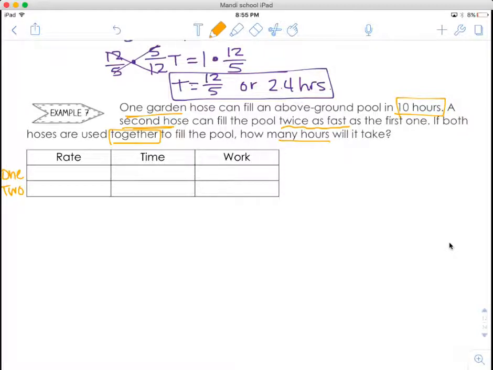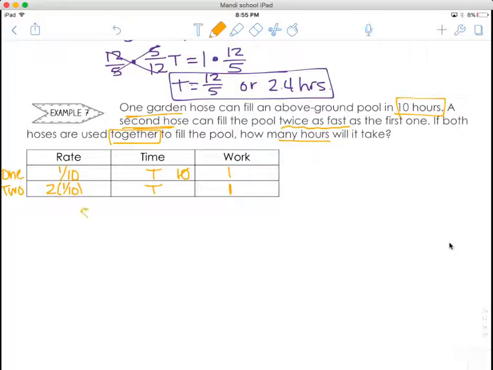And the first hose in 10 hours can fill one pool. So its rate is 1 out of 10. The second hose goes twice as fast. So that's 2 times 1 out of 10 times time to do one pool. So twice as fast, 2 times that.